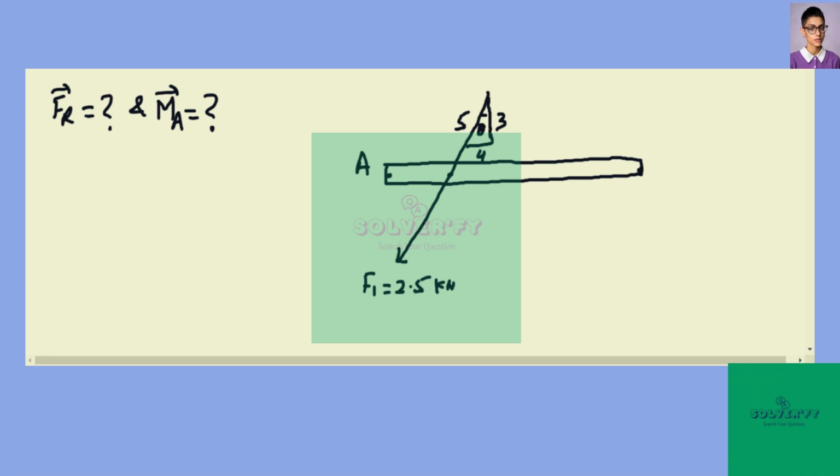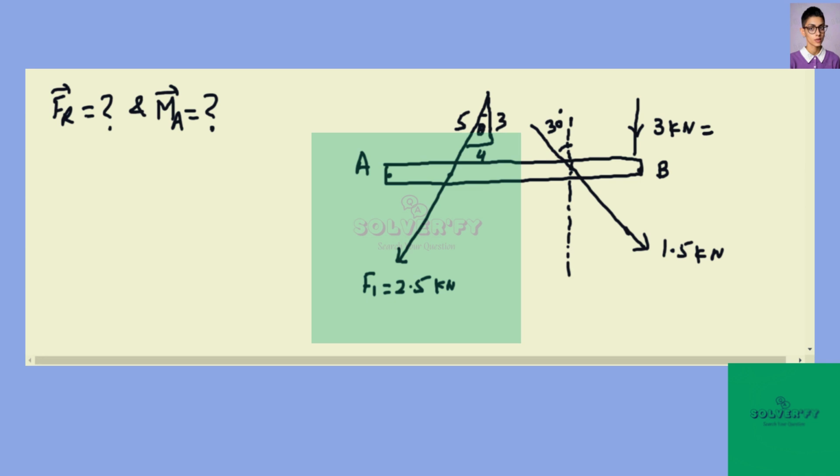This is another point at which this force is acting, which is 1.5 kilonewton, and it is making a 30-degree angle with the vertical. This is point B on which a 3 kilonewton force is acting.